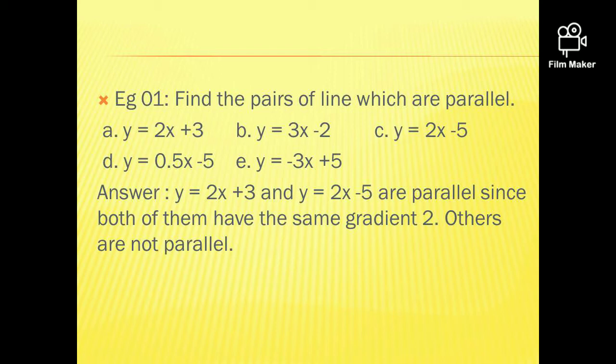But you have to understand that for two lines to be parallel, the gradients must be similar, not the modulus. The first line is y equals 3x and the other one is minus 3x. Therefore, they are not parallel to each other.